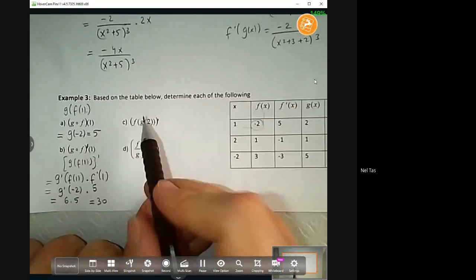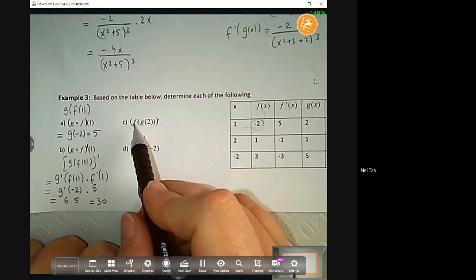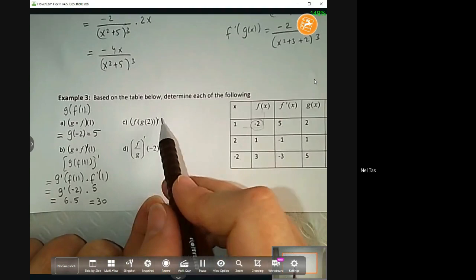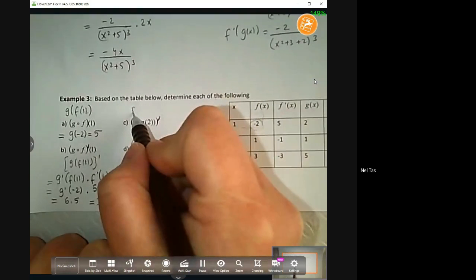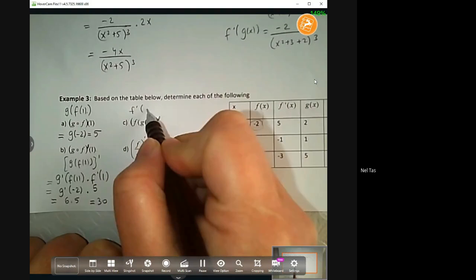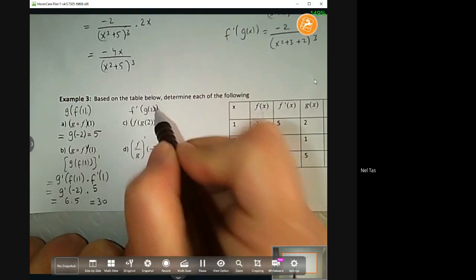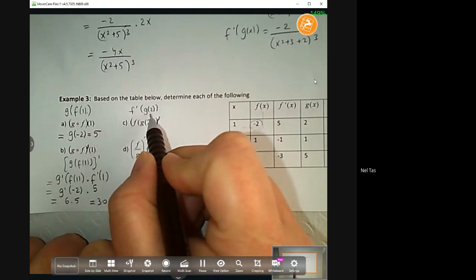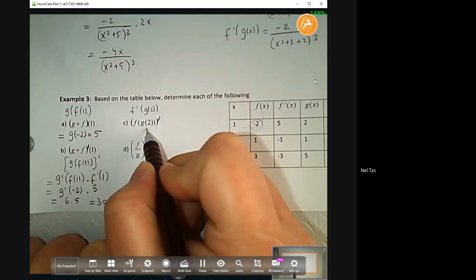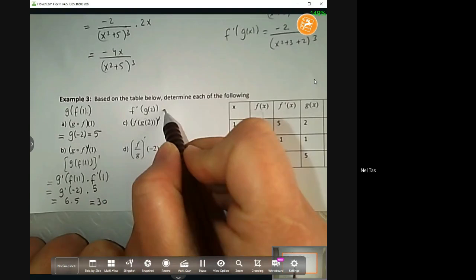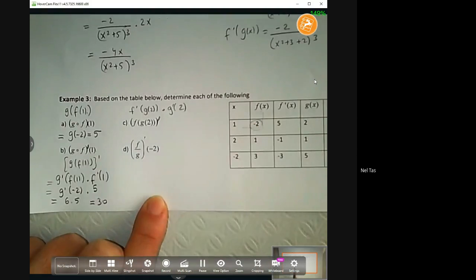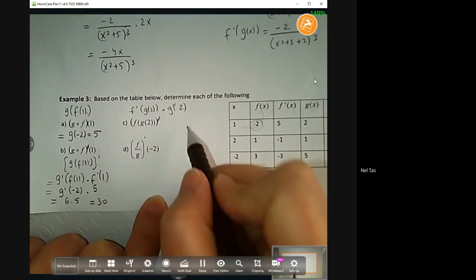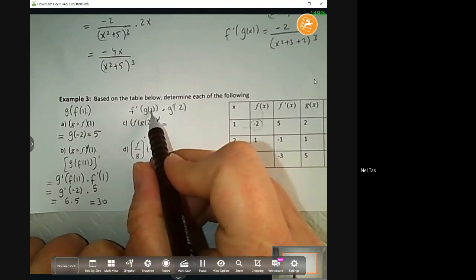So let's look at C. So f of g of 2 prime again. So this one, f prime of g of 2. So you take the derivative of outside function, evaluate it with the inside function. So outside function is f, inside function is g. And you multiply it by the derivative of inside function. Okay, so first you need to find g of 2.